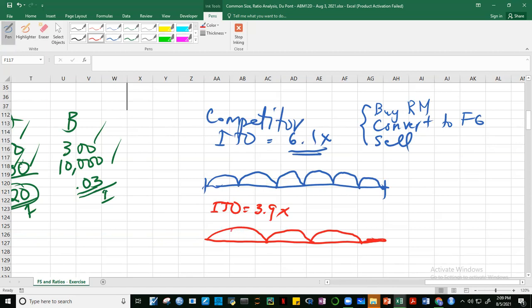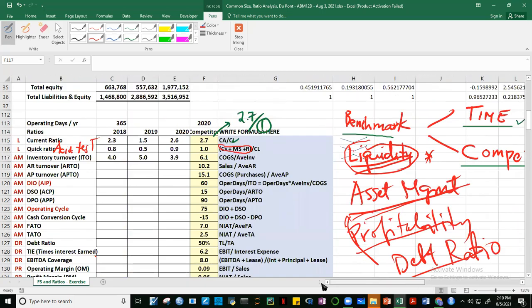Buy raw materials, convert to finished goods, sell. So, yun. Then another one. Then, another one. And then 0.9 times pa. So, ibig sabihin guys, medyo mabagal yung proseso ng company na to. Imagine kung yung competitor nyo 6.1 times lang, tapos tayo 3.9 times lang, patay. And it will be no wonder why this company is really outperforming us. Kasi si inventory turnover, ang bagal.